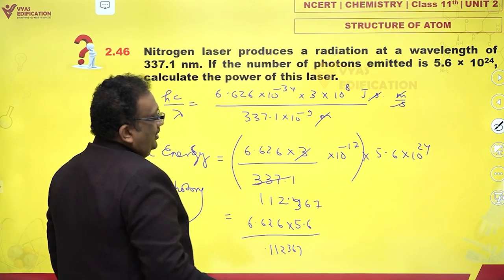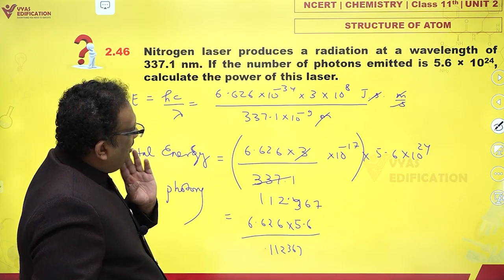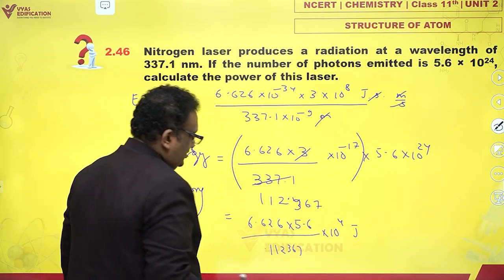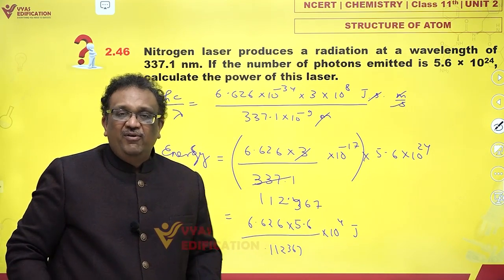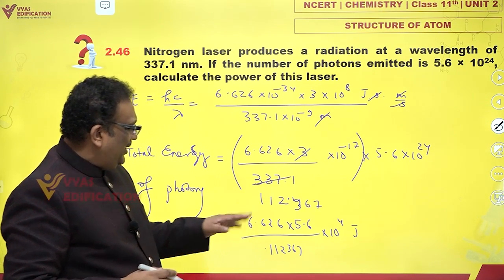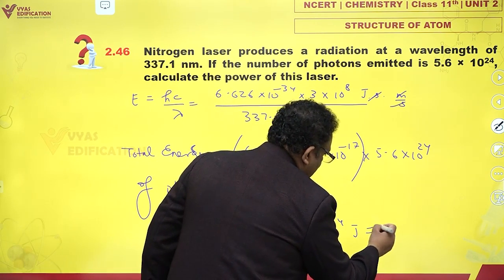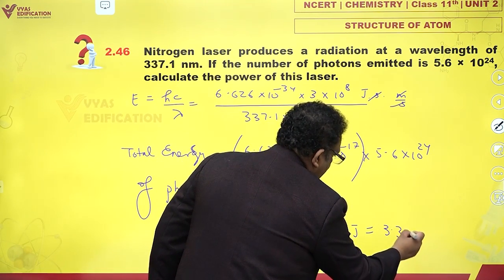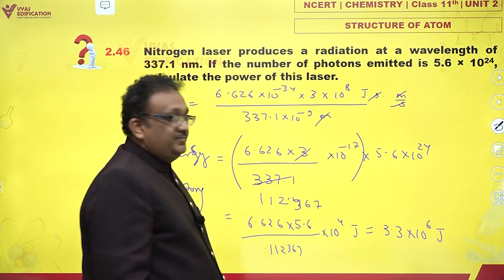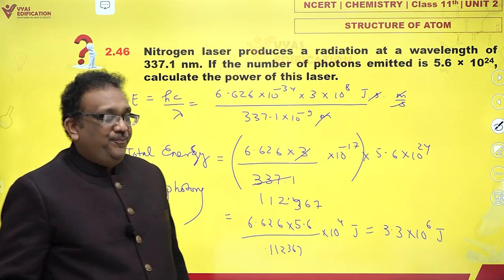Fine. And 24 goes by this 21 into 10 raised to 4 joules. 1 upon 0.111 is 9 actually. Let's multiply these numbers and let's see what we get. This comes out to be 3.3 into 10 raised to 6 joules. Well, 330 kilojoules roughly.